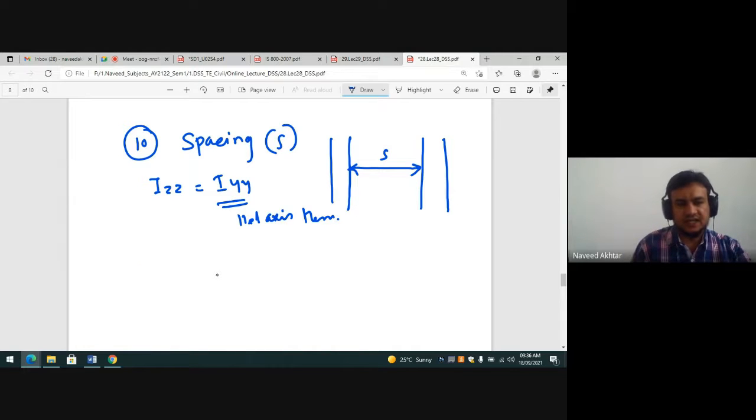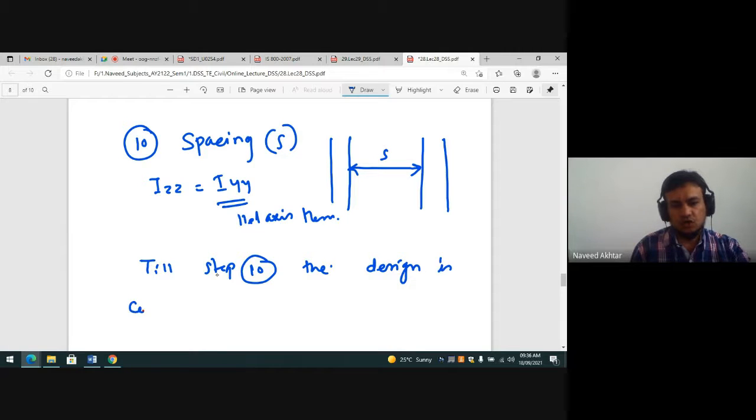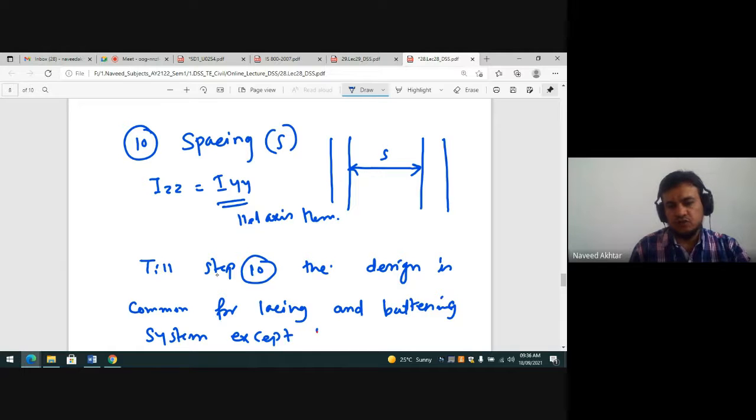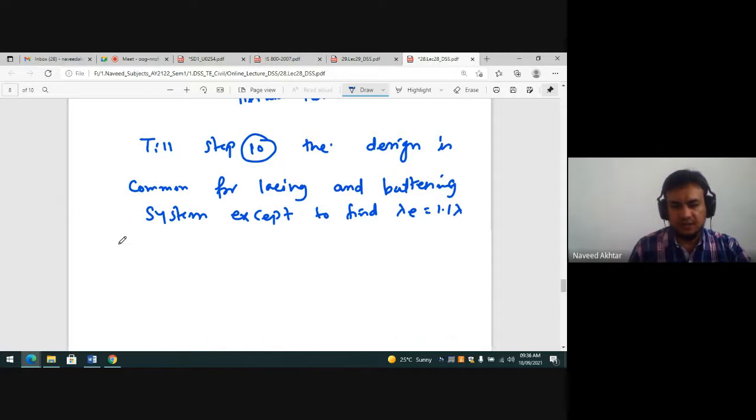So till step number 10, the design is common for lacing and battening system, except to find lambda e is equal to 1.1 times lambda for battening system.